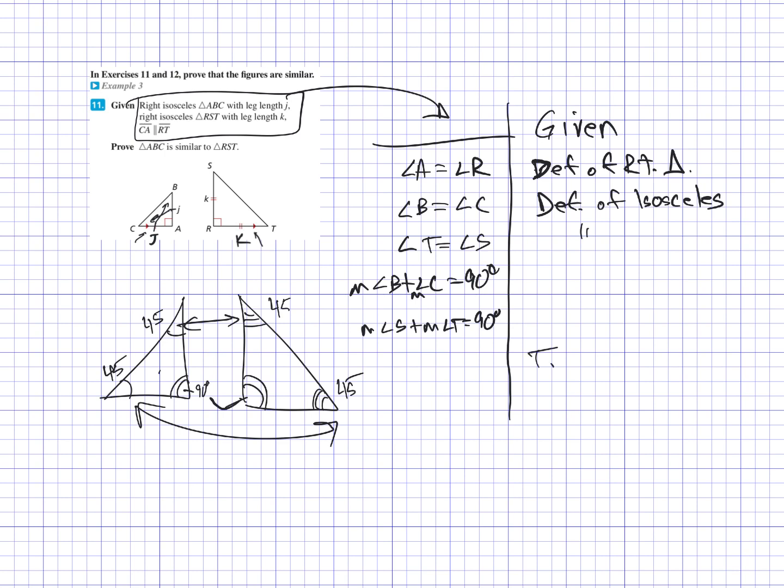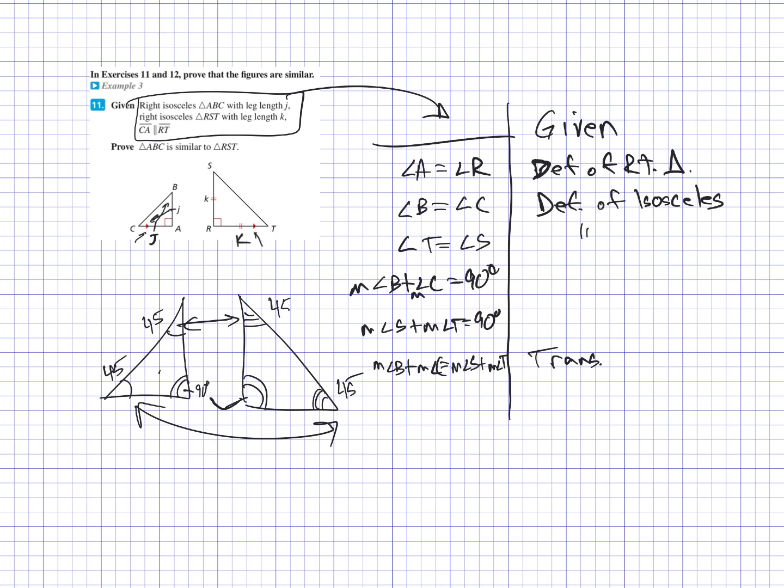So by the transitive property, you have the measure of angle B plus the measure of angle C equal to the measure of angle S plus the measure of angle T. That's transitive property.